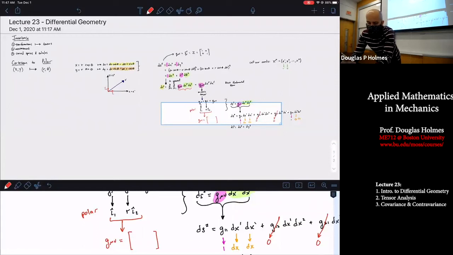This thing is just a 1 in front of that, so it's just going to be a 1. We're still going to have nothing in the mixed direction, and then here we're going to have an R appearing.